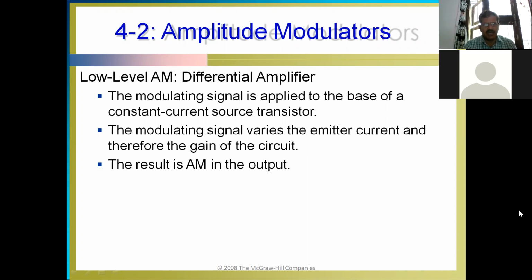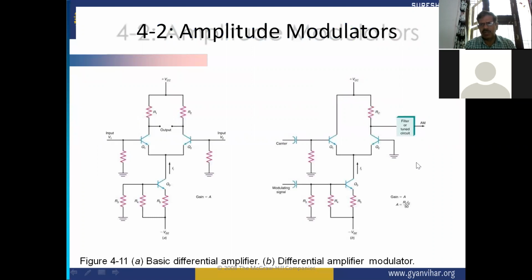The result is the AM in the output. So in this circuit diagram, the output is the AM signal in the differential amplifier modulator.